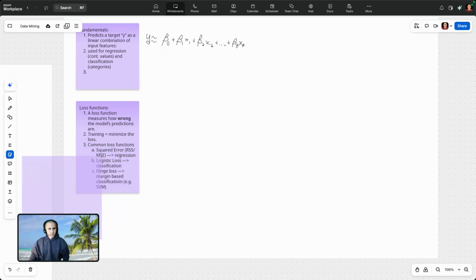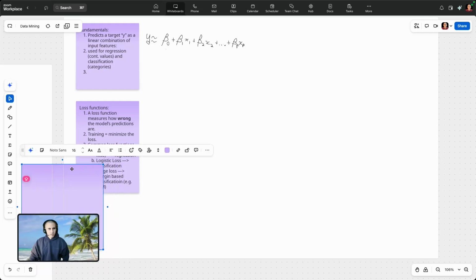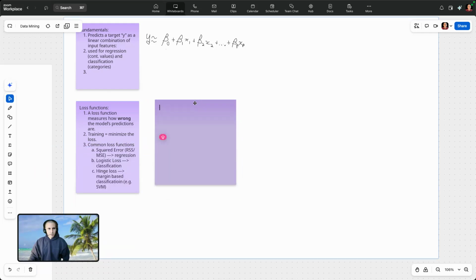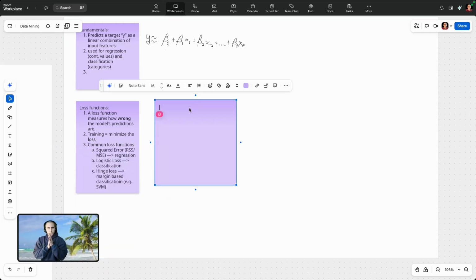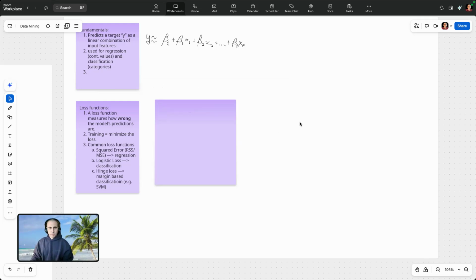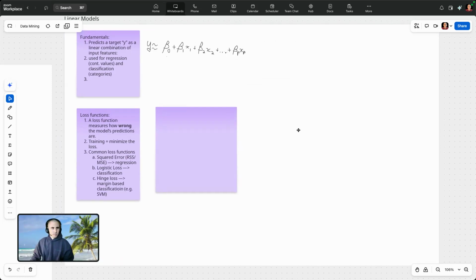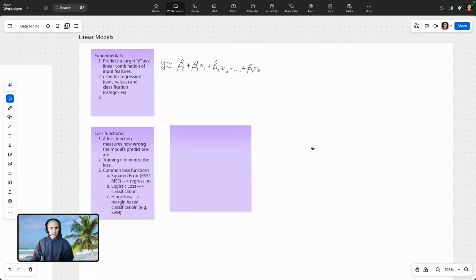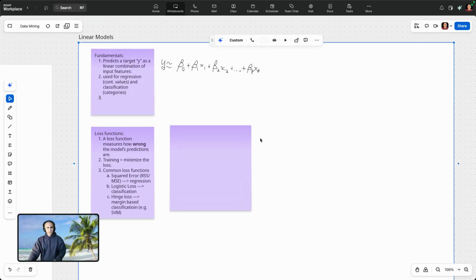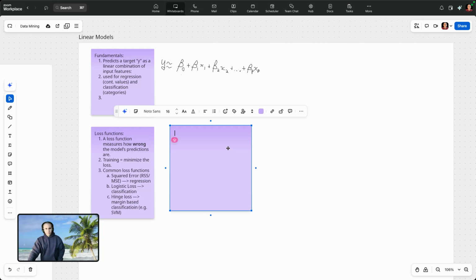We'll get another sticky note here. So we have fundamentals of linear models, right? That's what we're talking about here. All right, so we had loss function core idea.